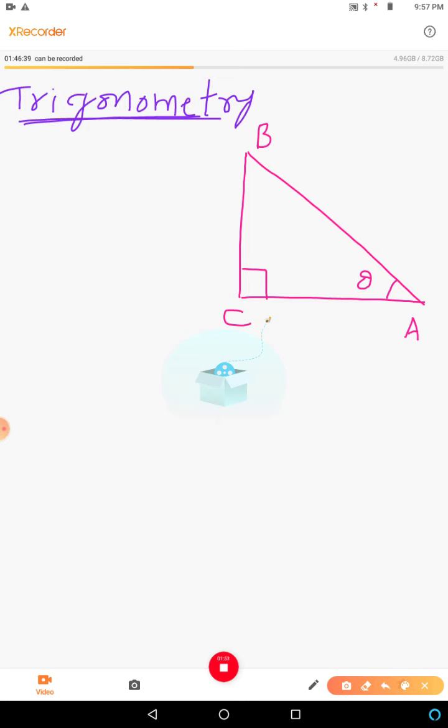You should know the side opposite to the angle theta. I am talking of this angle only, so we will concentrate on this angle.